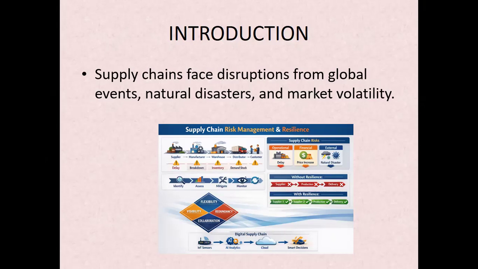For example, a disruption in one part of the world, say a factory shutdown or transportation delay, will indirectly impact the entire supply chain network. Another example: recent events like pandemics, geopolitical conflicts, and climate-related disasters have clearly shown how fragile supply chains can be. Therefore, managing the risk is not optional anymore. It is essential for survival and competitiveness.